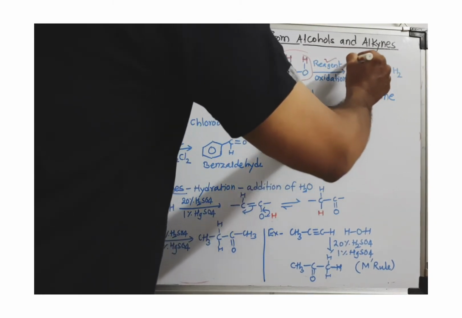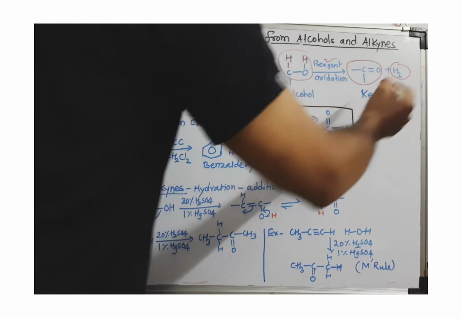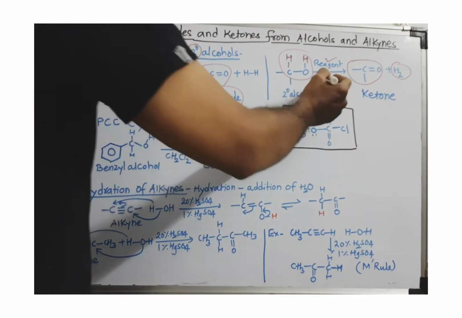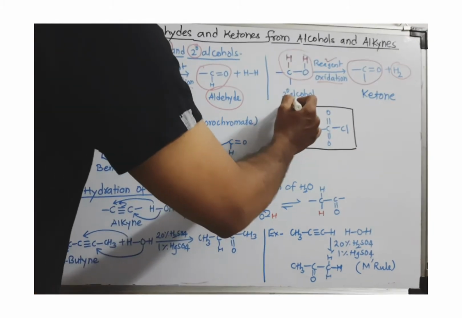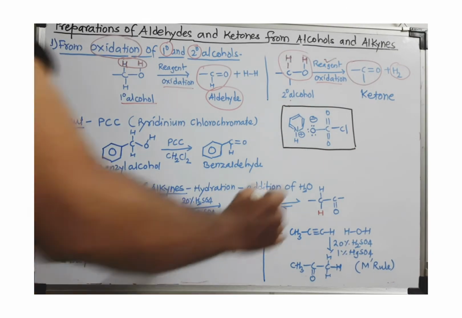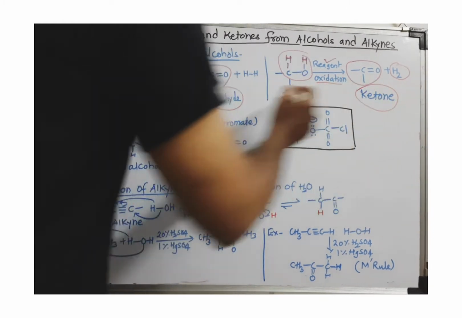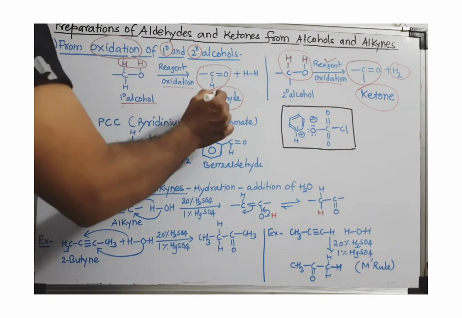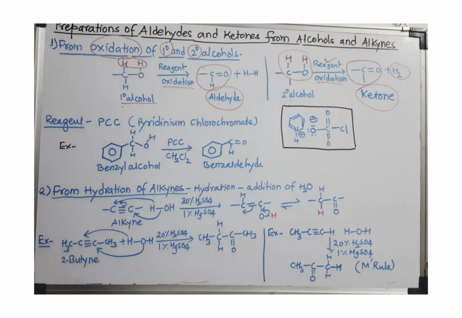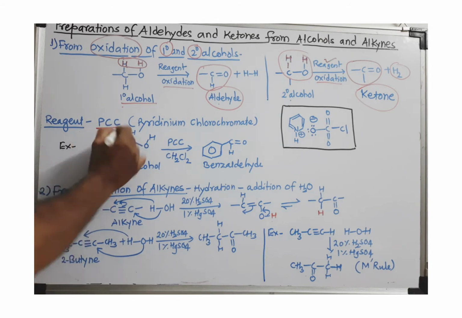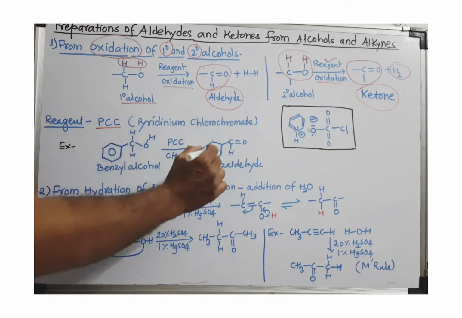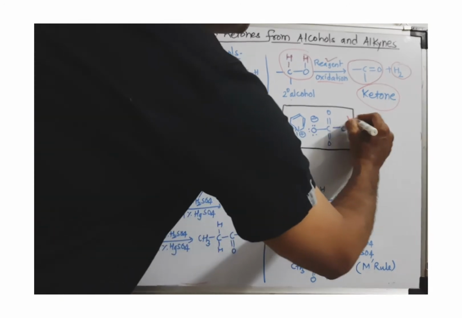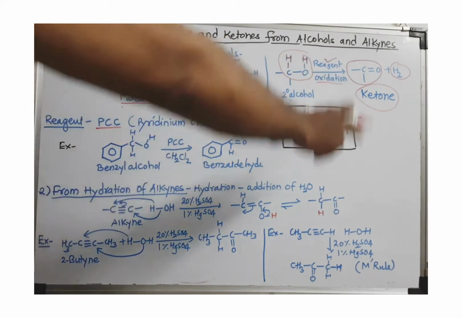You will get a ketone. This is again an oxidation reaction, but when secondary alcohol is used you get a ketone, and when primary alcohol is used we get an aldehyde. Which reagent are we using? We are using PCC. PCC is pyridinium chlorochromate, and its structure is given here in this box.